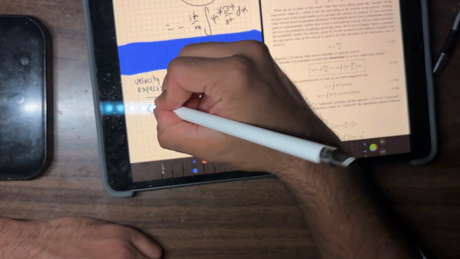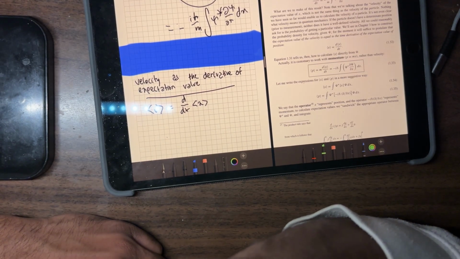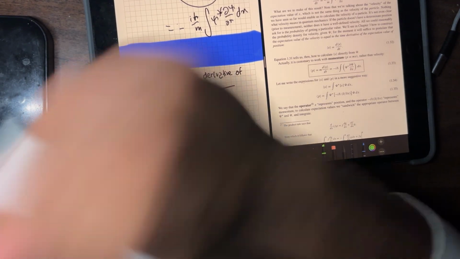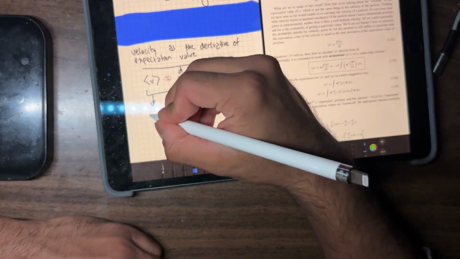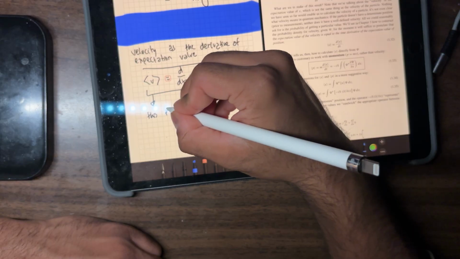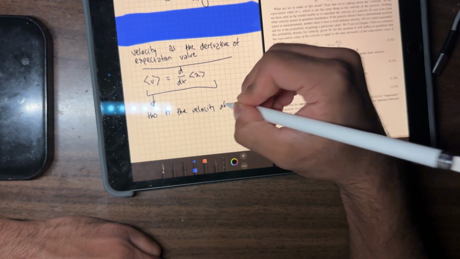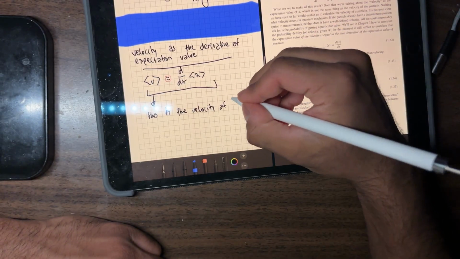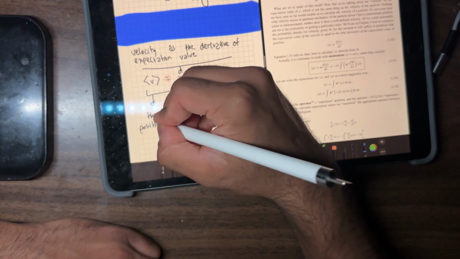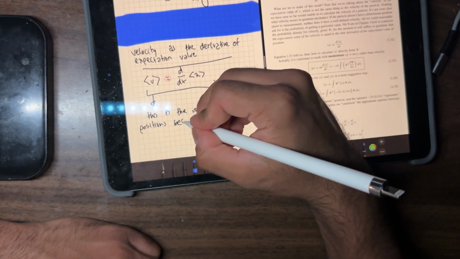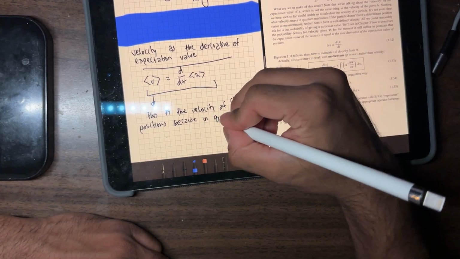If I have expectation value of v equal to d by dt of expectation value of x, this indicates that this is the velocity of average positions. So the keyword here is average positions, because in quantum mechanics we don't know exactly where the position lies.